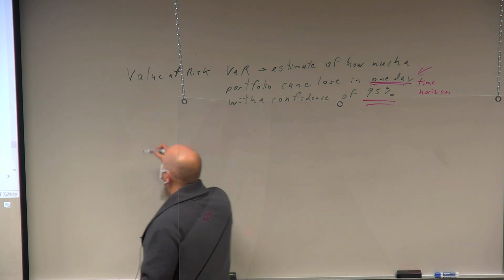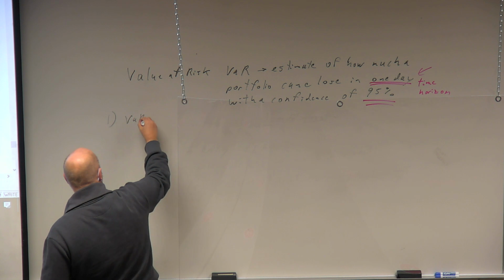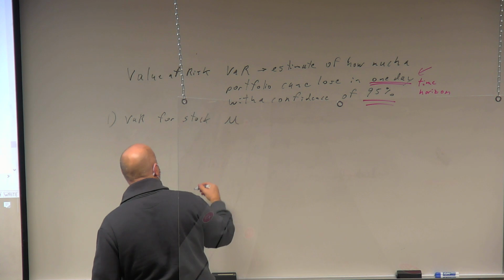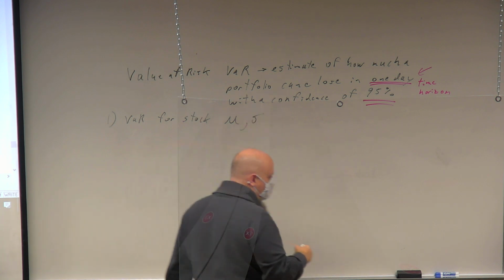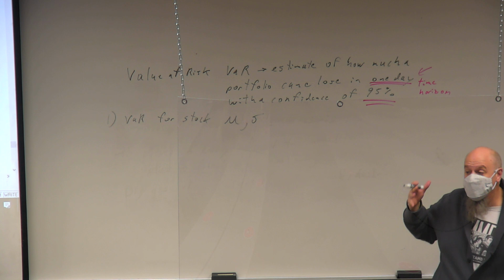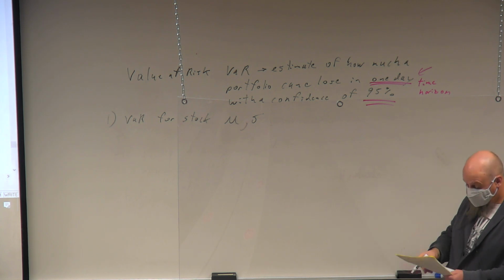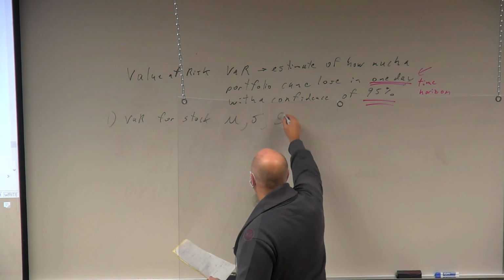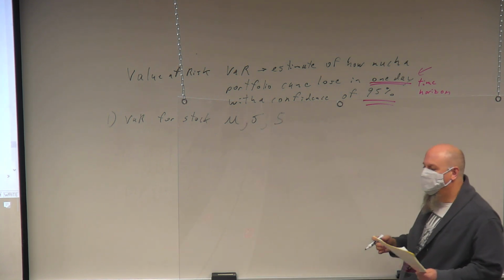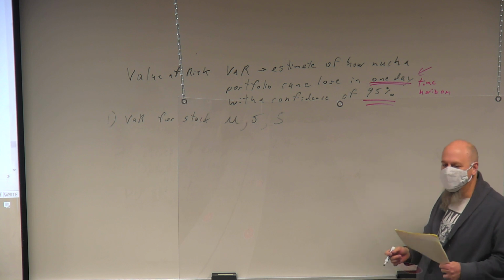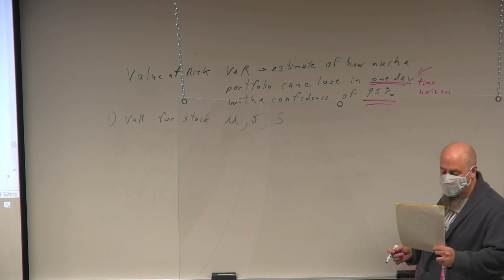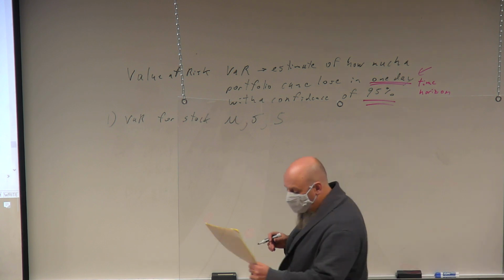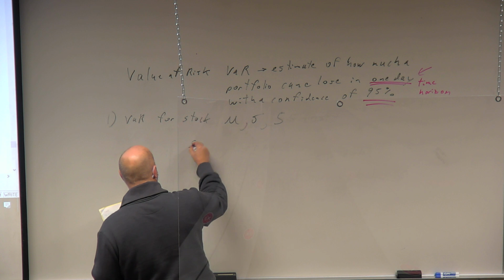So, first thing is value at risk for a stock. The stock has a drift of mu and a volatility of sigma that we get in the standard way. Oh, and it also has a value of S. So those are the data, the information that I can get from a stock. So if it's a standard deviation of the returns, that's the first thing I've got to think about.